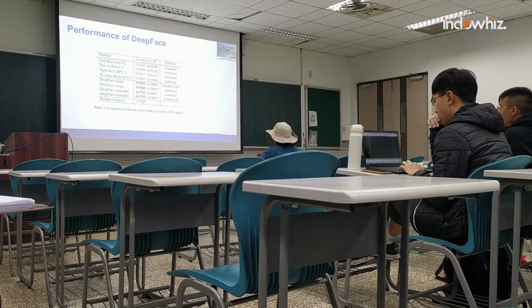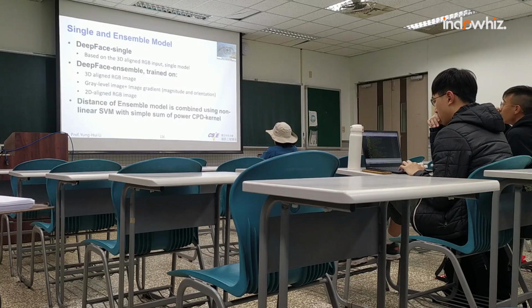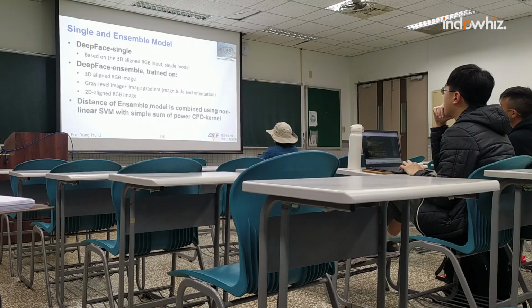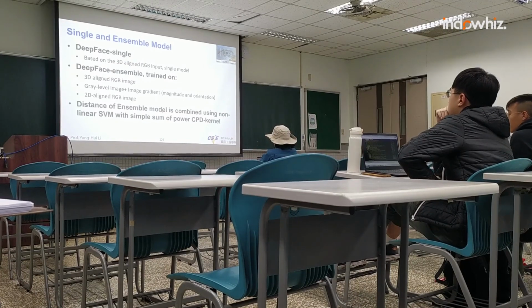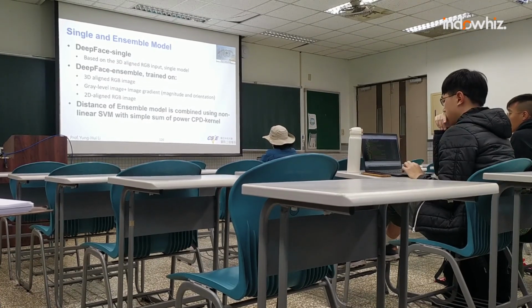Sure. What is the meaning of the previous slide's last sentence? Which one? The last sentence. This type of ensemble model is combined using nonlinear SVM. Oh, so for this one, the ensemble model will produce output like a vector, right?